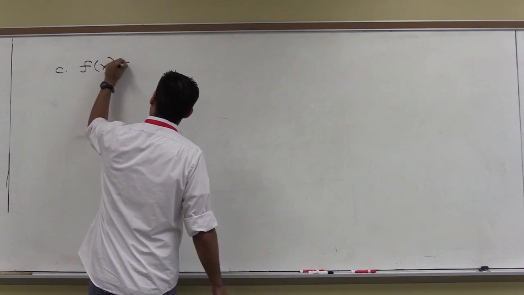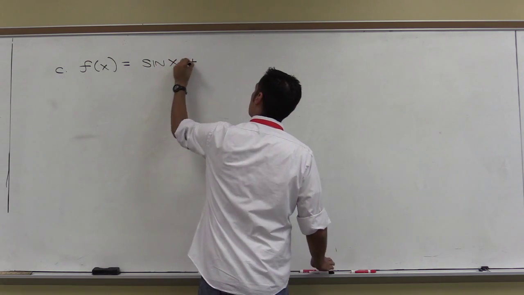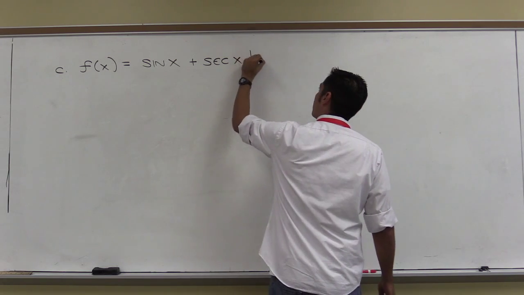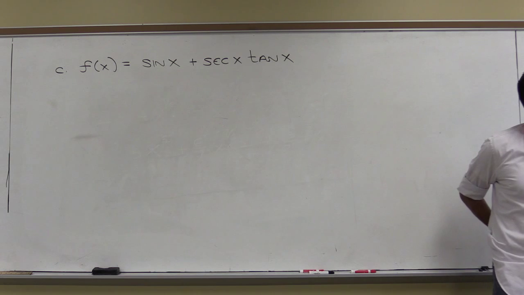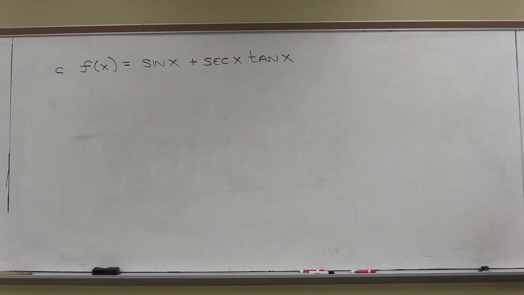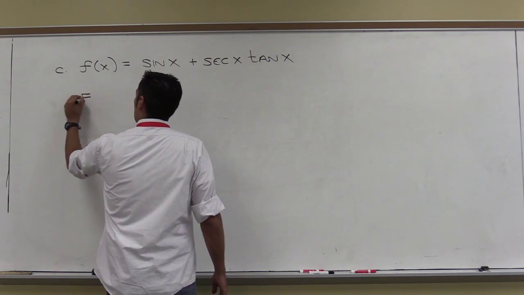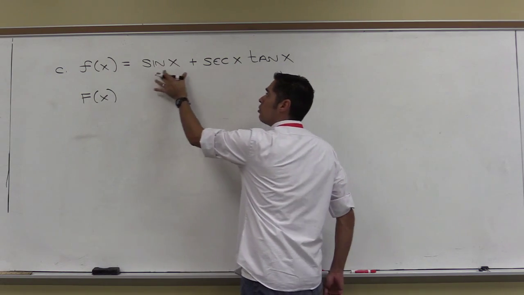F of x equals sine x plus secant x tangent x. So these are not powers of x, right? These involve trig functions, so we better know the antiderivatives of these if we have any hope of figuring it out. We do have addition, right? So I can split this up and just look at each one individually.